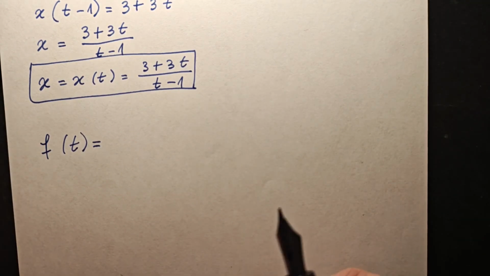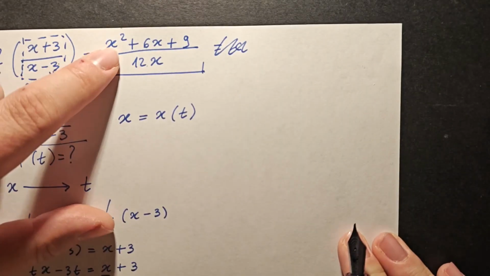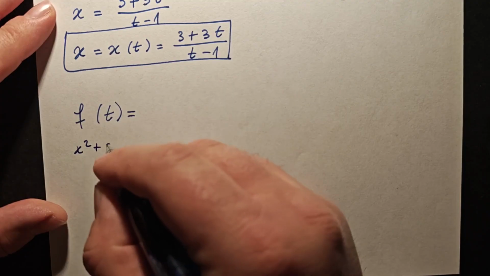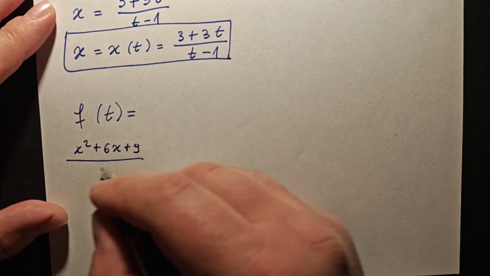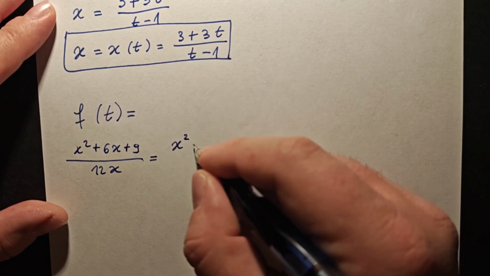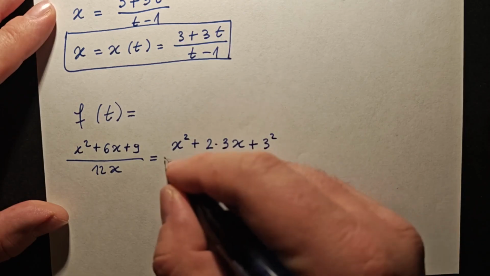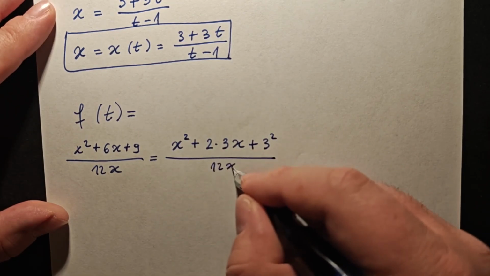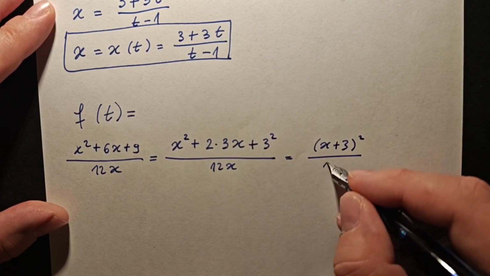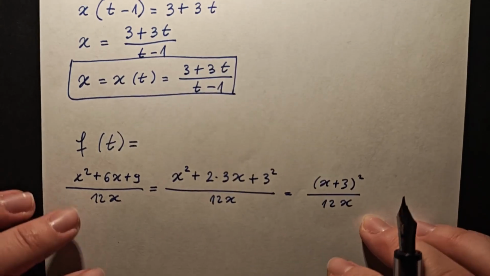We can make things simpler for ourselves, because we have x squared plus 6x plus 9 divided by 12x, we can observe that this is (x squared plus 2 multiplied by 3x plus 3 squared) divided by 12x, and this is just (x plus 3) squared divided by 12x. So let's use this fact.